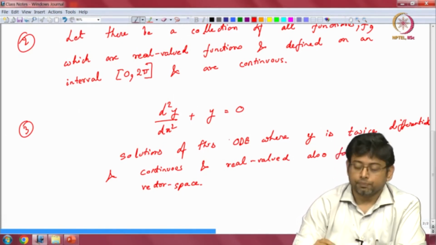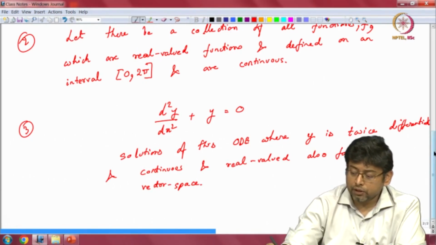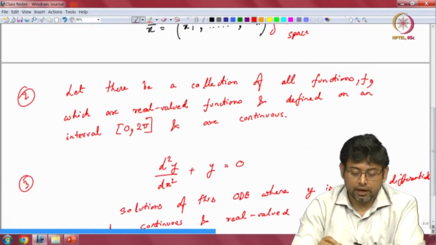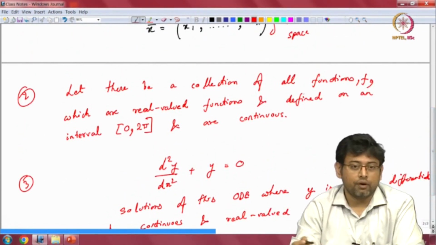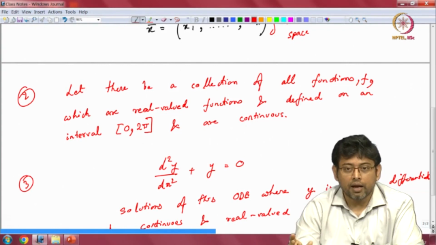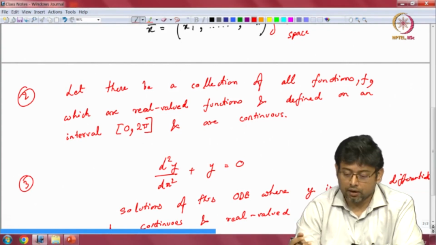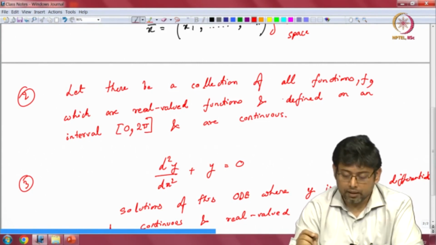So it's very easy to see in the previous case, because say if you have two functions, f is a real valued continuous function and g is another real valued continuous function, the sum of the two is also a real valued continuous function, and you can define a minus f so that it comes to 0, and so all those things can be done here, right?